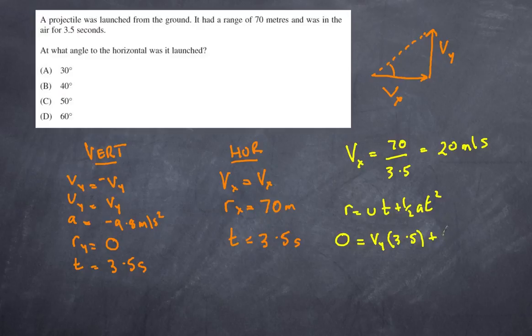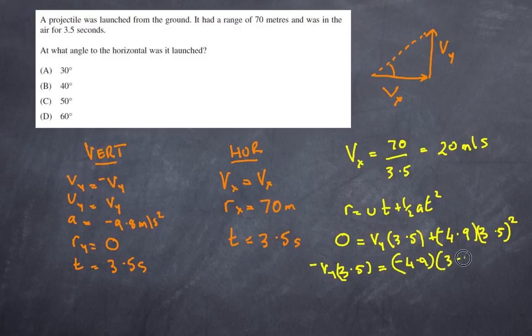Now, a is negative 9.8, so I can work that out. Negative 4.9, like so, multiplied by 3.5 squared. If I rearrange that, you can see that I will get negative Vy by 3.5 is equal to negative 4.9 by 3.5 squared.